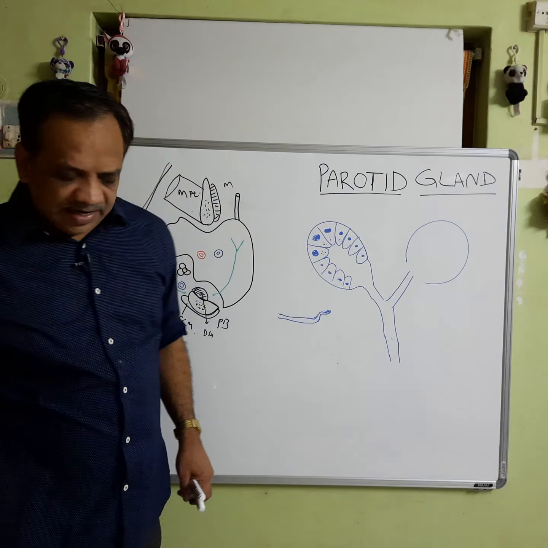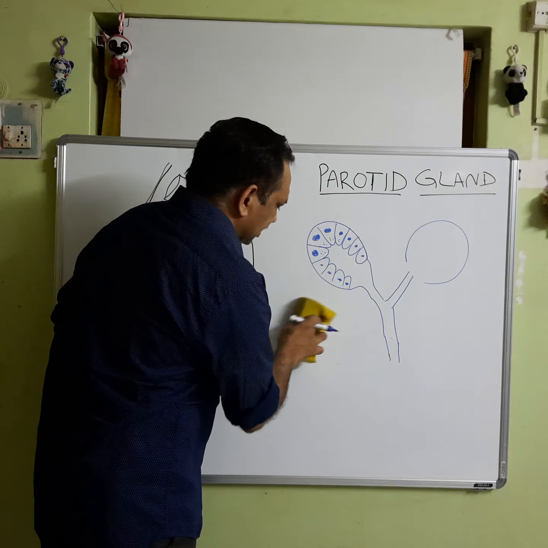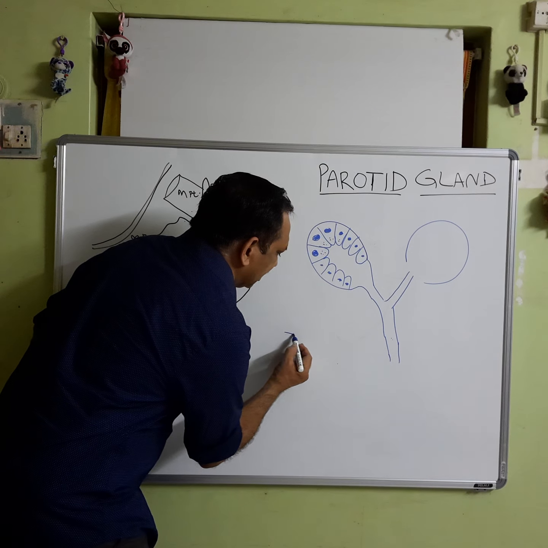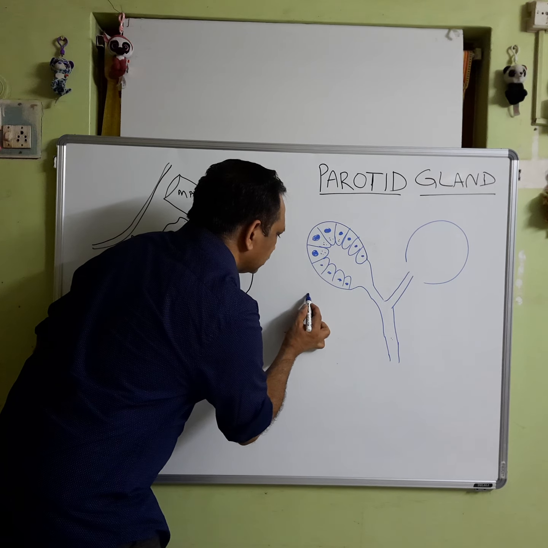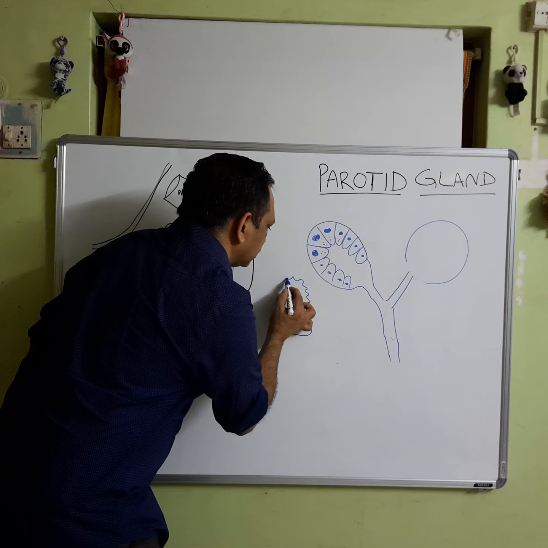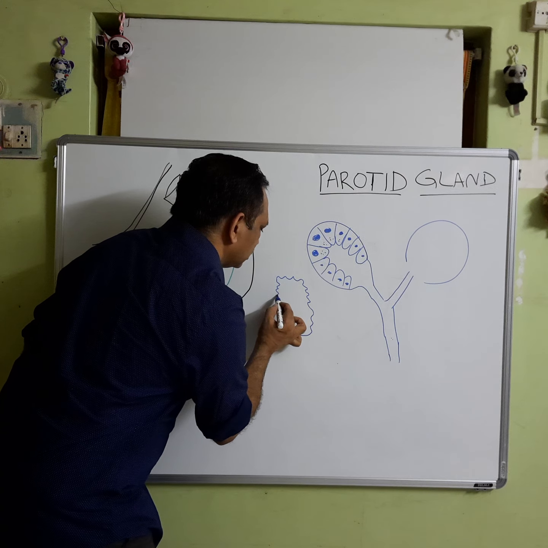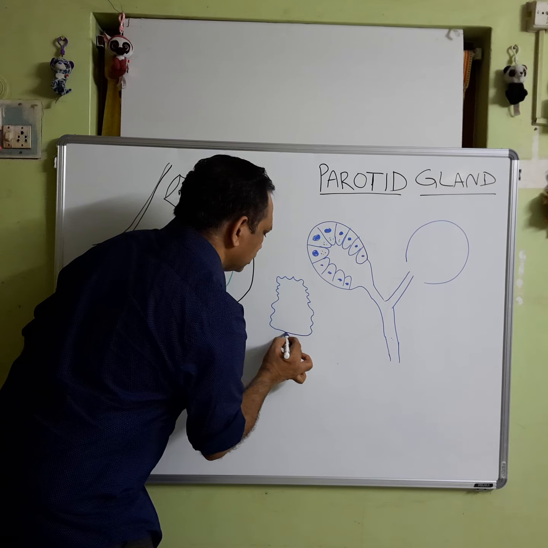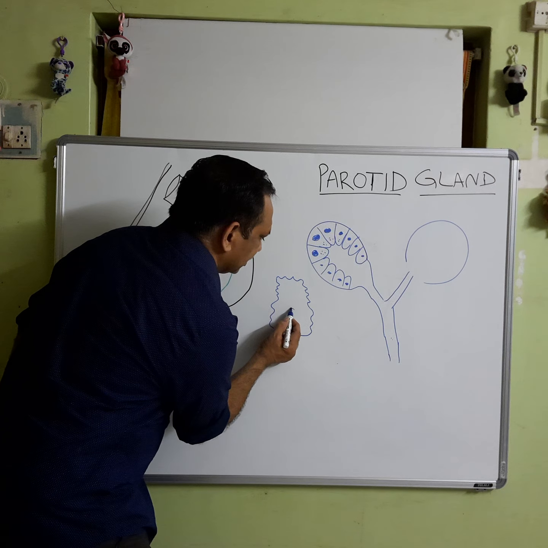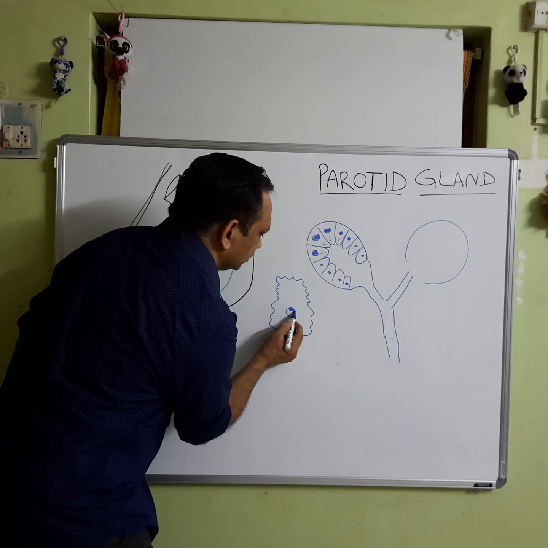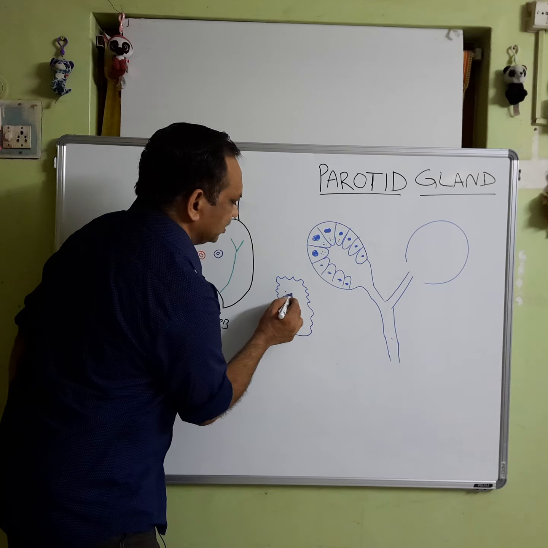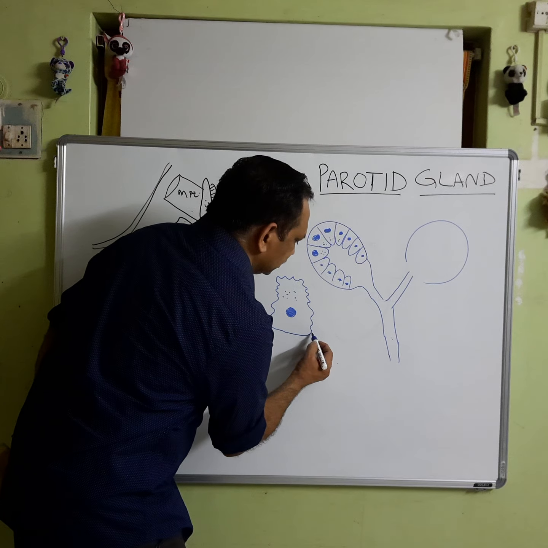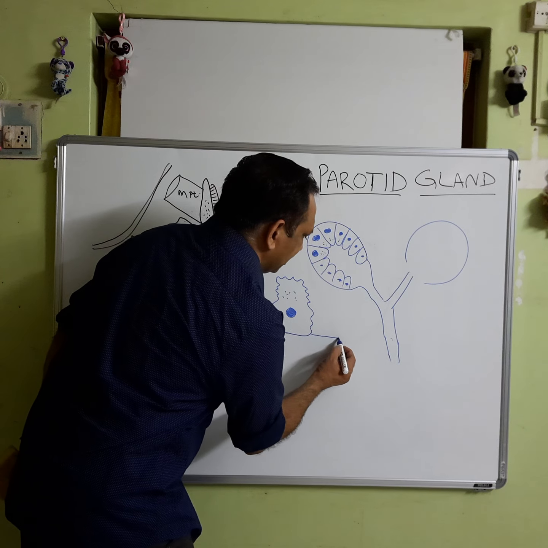If we see one acinus, it will be like this. It is pyramidal in shape, like this, and central round nucleus, this is the nucleus, and eosinophilic granules here. If we see two cells, the other cell will be here.